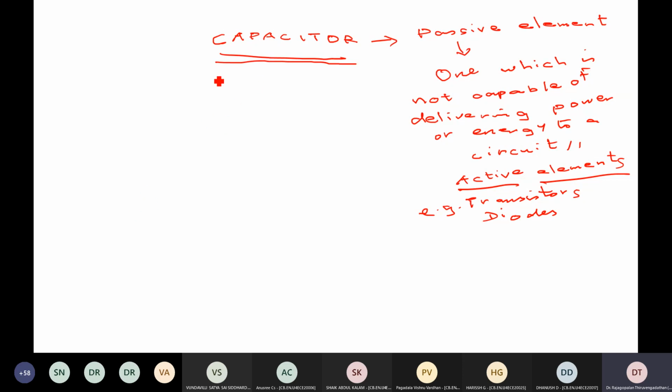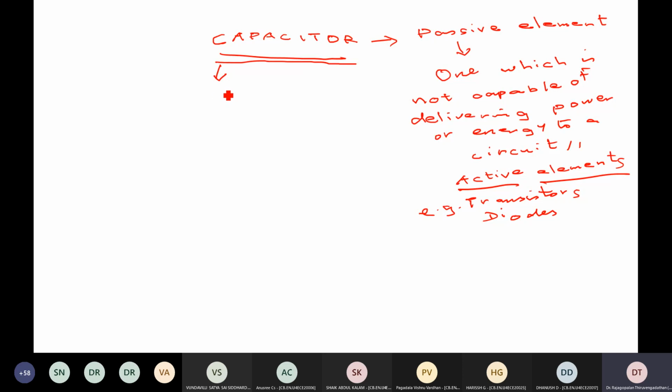By capacitor, let us recall the concepts that we learned in high school. By capacitor, we know it stores energy. So people will say that it stores electrical energy.